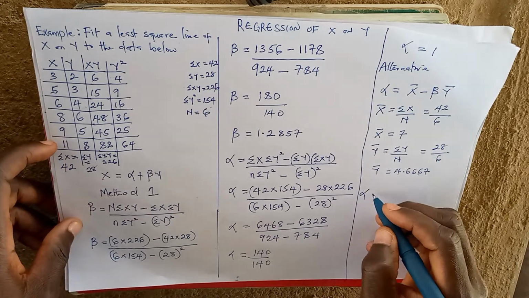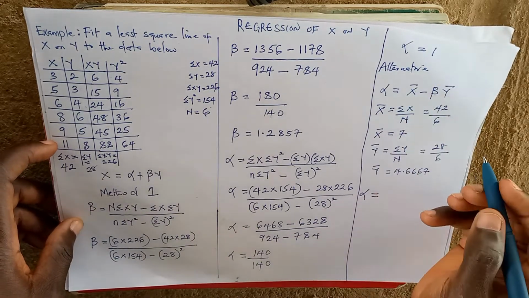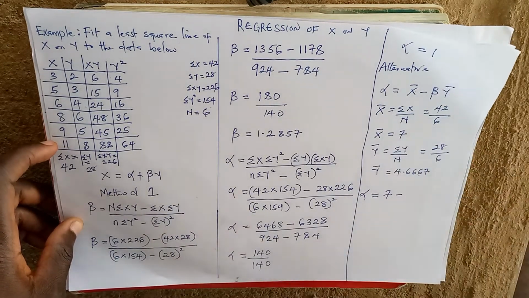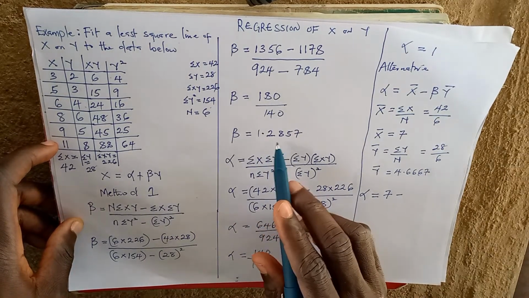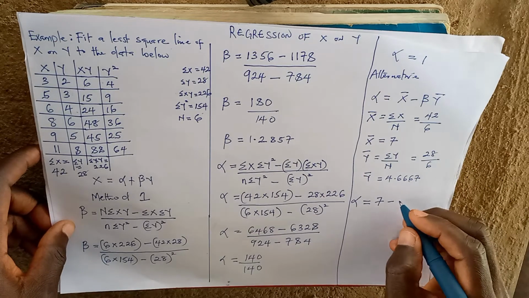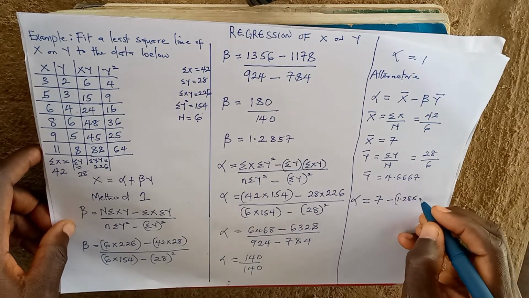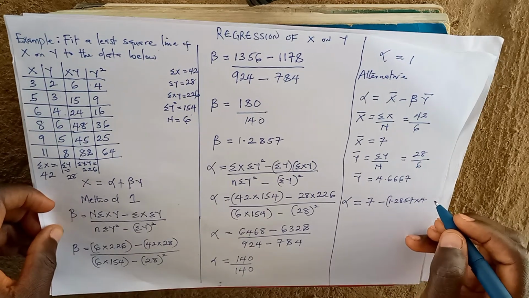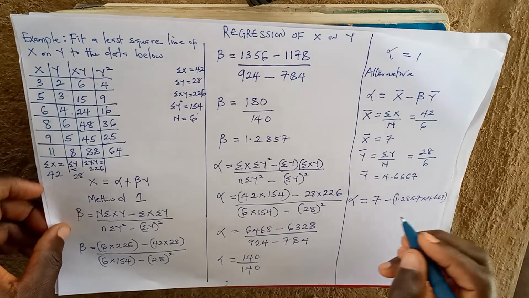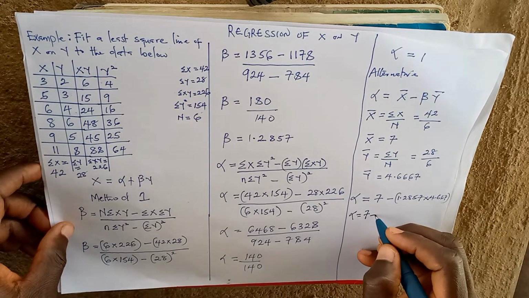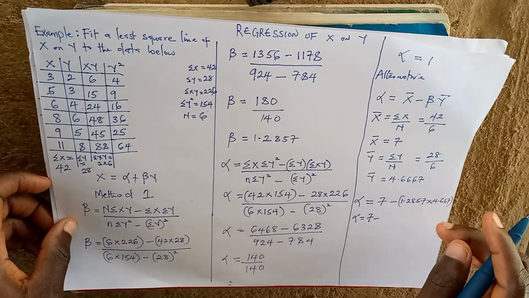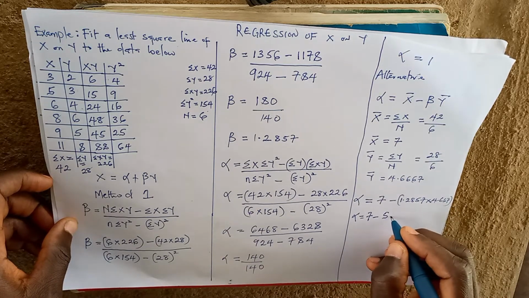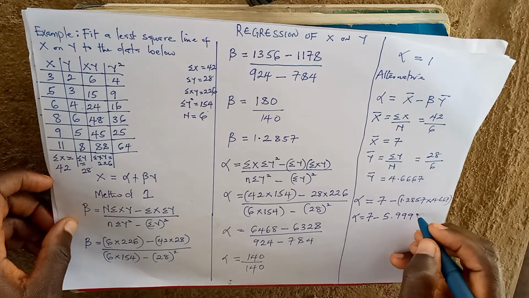Now substitute this into the formula. We have alpha equals x bar, and our x bar is 7, minus our beta, whose value here is 1.2857, multiplied by y bar, and our y bar is 4.6667. Now alpha equals 7 minus 1.2857 multiplied by 4.6667, and that will give us 5.9997.